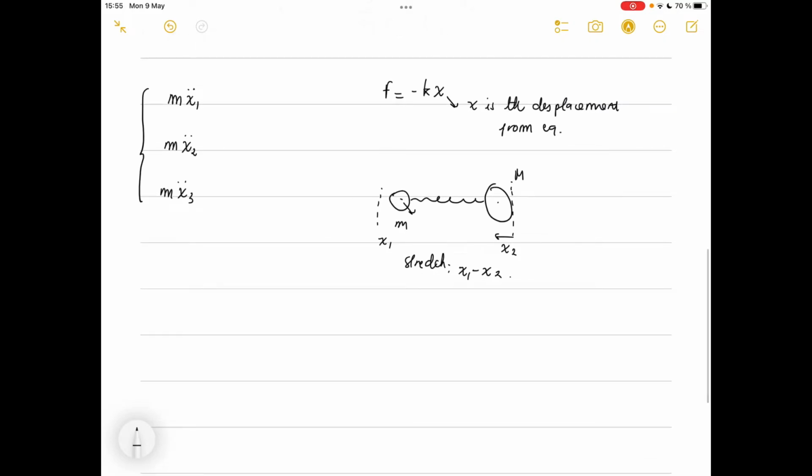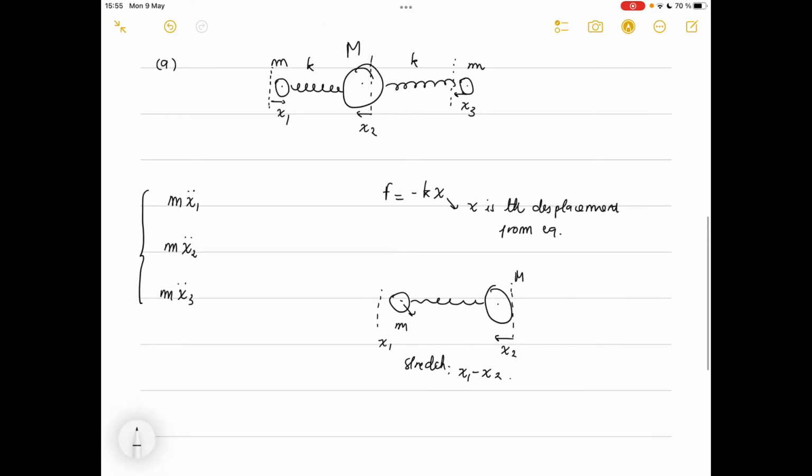So we immediately see that for this particle, the equation of motion will simply be minus k times x1 minus x2.